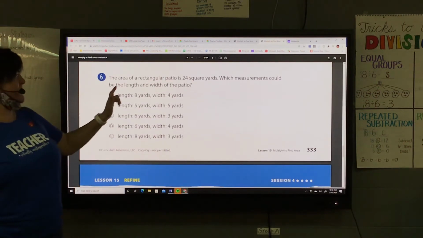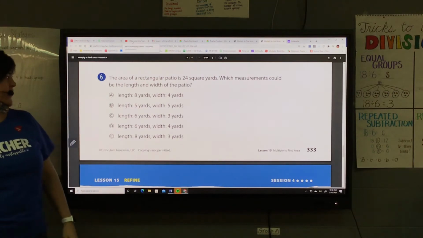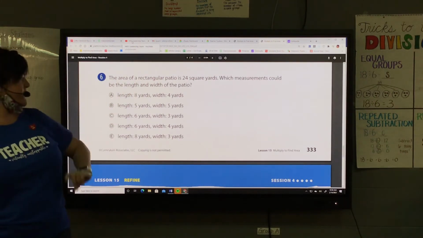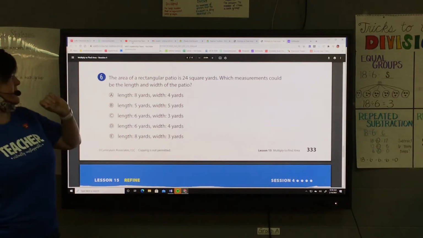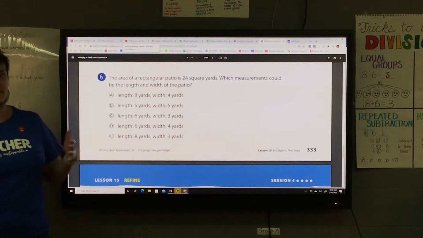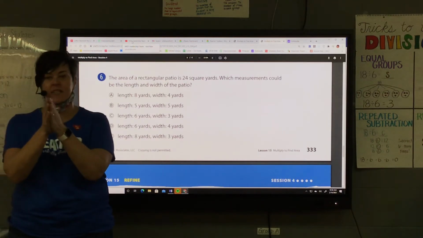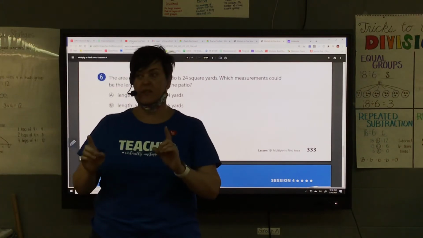Okay, 6. The area of a rectangular patio is 24 square yards. Which measurements could be the length and width of the patio? So think about this. There is more than one right answer.